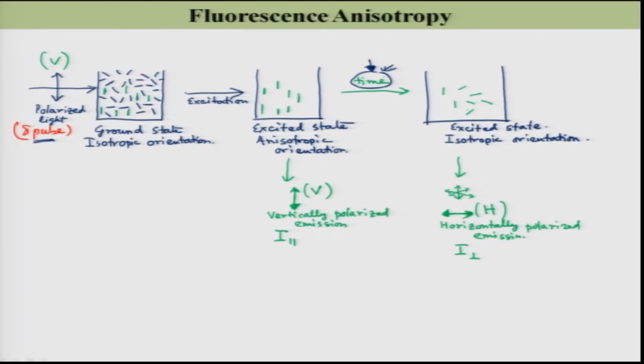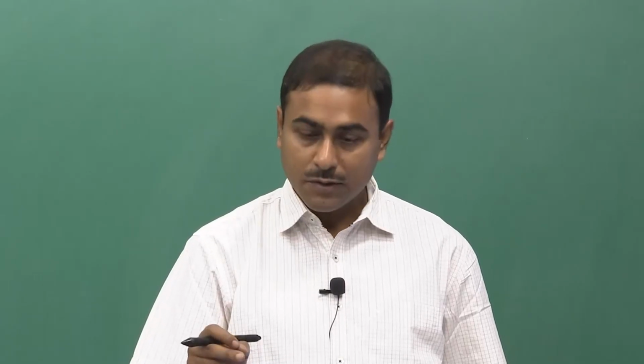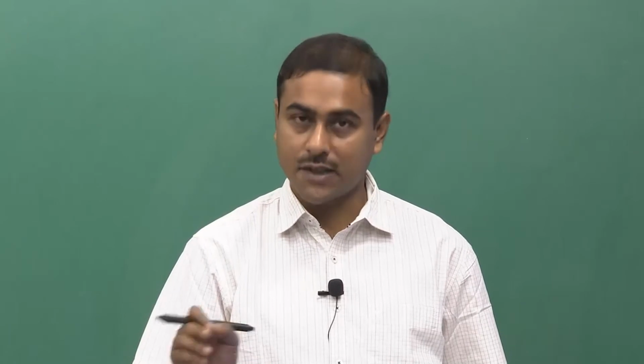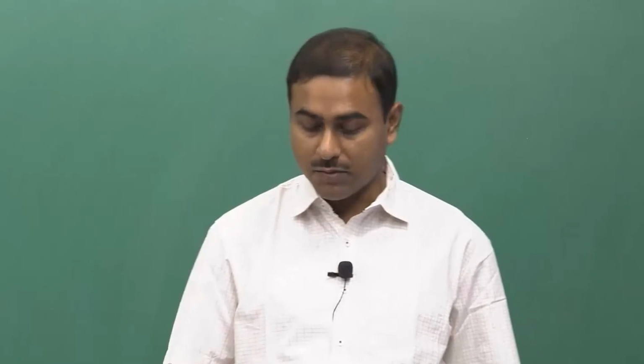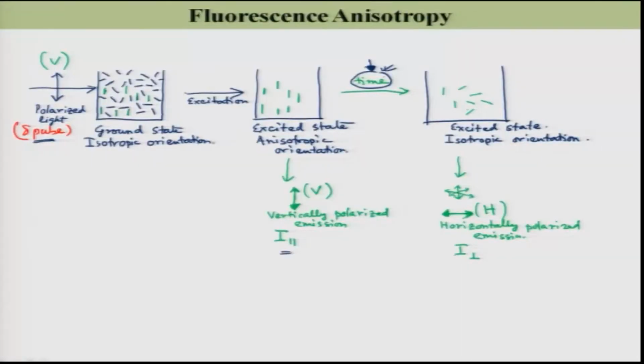So, all molecules will randomize, but the lifetime is 2 nanosecond. So, after some time, after 500 picosecond or 600 picosecond, the intensity of the parallel and the intensity of the perpendicular will be the same.